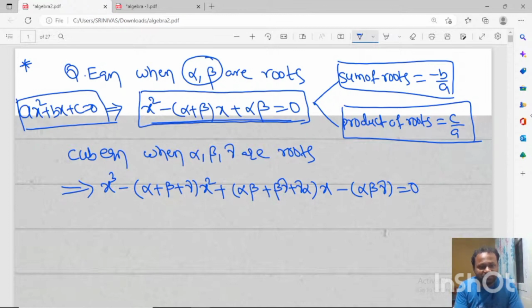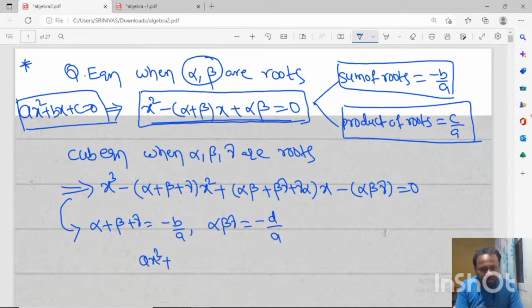For cubic equation, for this sum of the roots alpha plus beta plus gamma is equal to minus b by a. Next, product of the roots alpha beta gamma is equal to minus d by a, where ax cube plus bx square plus cx plus d is equal to 0 is cubic equation.